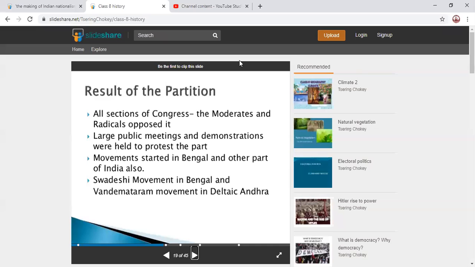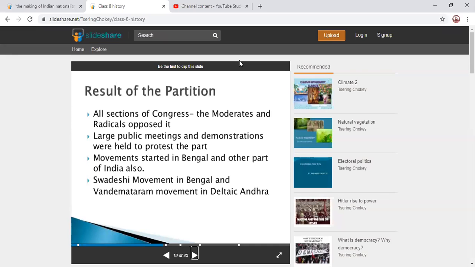So Swadeshi and boycott were among the new methods adopted by the leaders and people to protest against the partition of Bengal. The Swadeshi movement encouraged people to use things made in India as against those produced abroad.